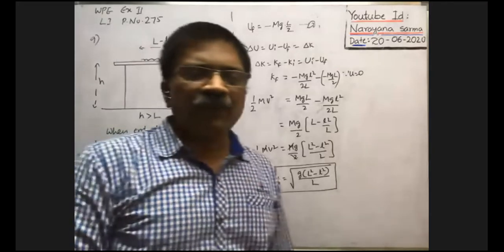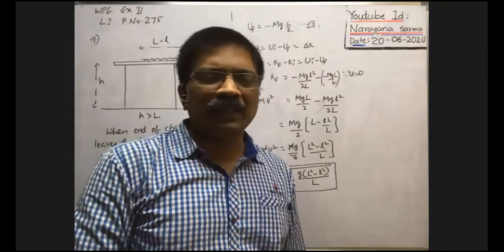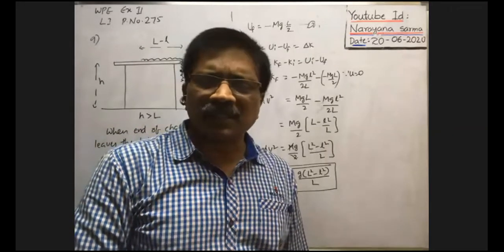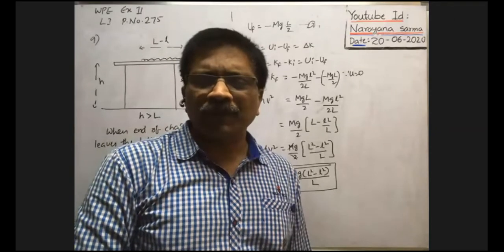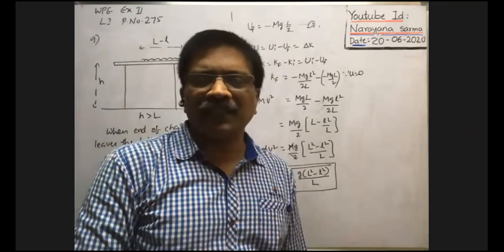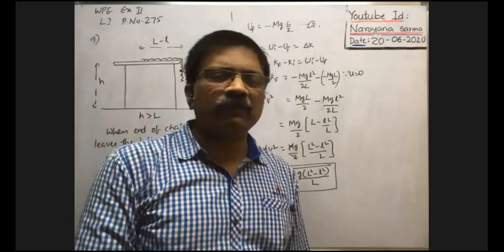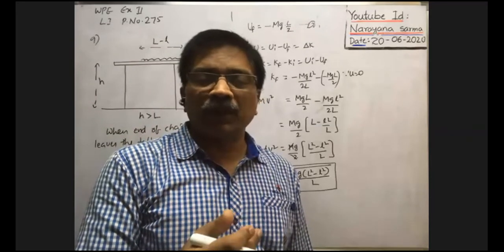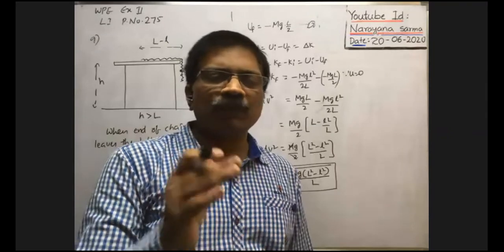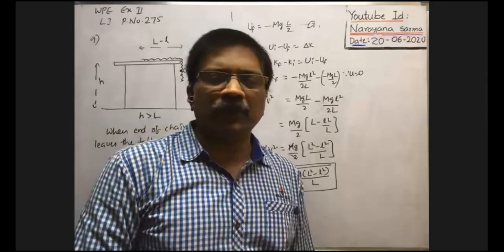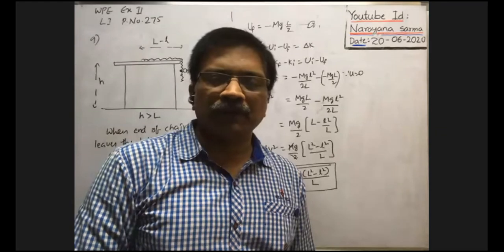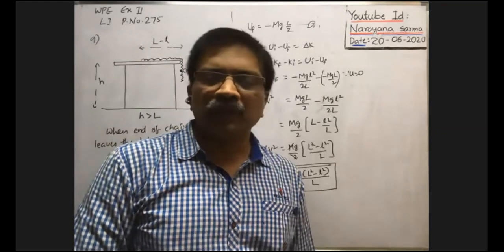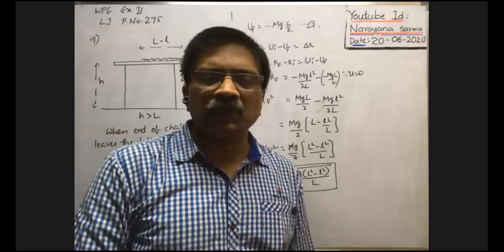That's why if any work is done by the conservative force, is there any change in the total energy of the system or total energy of the body? Yesterday only we have seen, in case of freely falling body or vertically projected body, total energy does not change, but one form of energy will be converted into another form. No, okay, so one form of energy will be converted into another form.